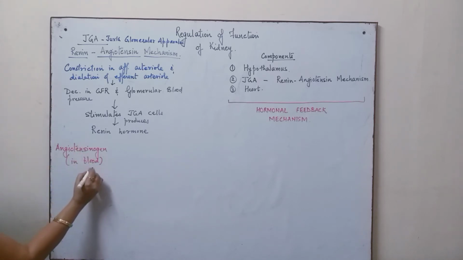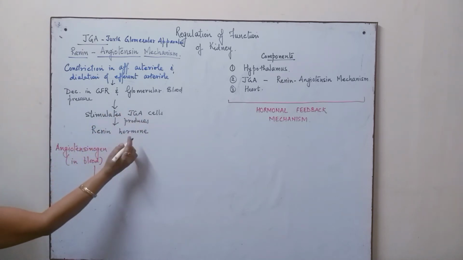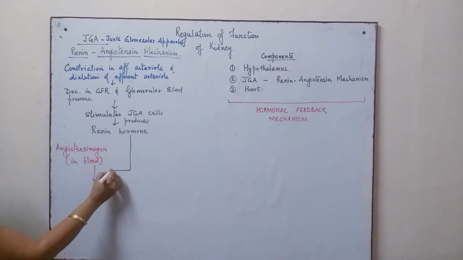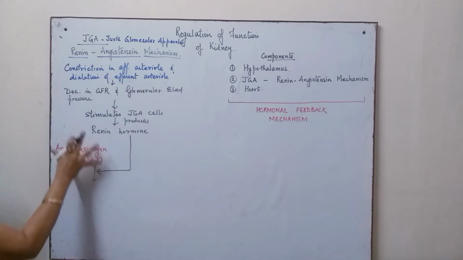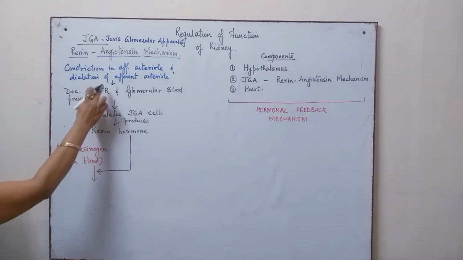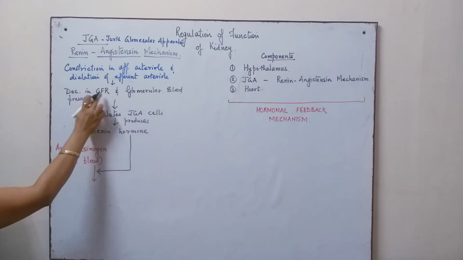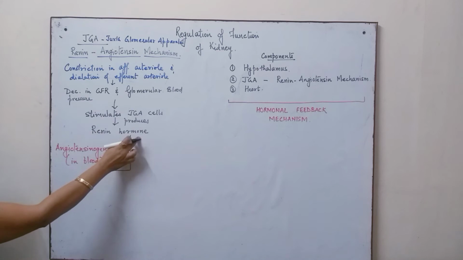This angiotensinogen, in the presence of the renin enzyme, which is released by the JGA cells, is acted upon. These are two simultaneously happening activities. The constriction in the afferent arteriole causes a decrease in the GFR, which stimulates the JGA cells to produce the renin hormone.